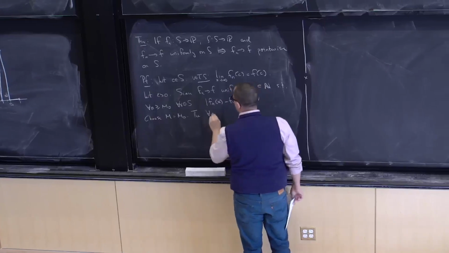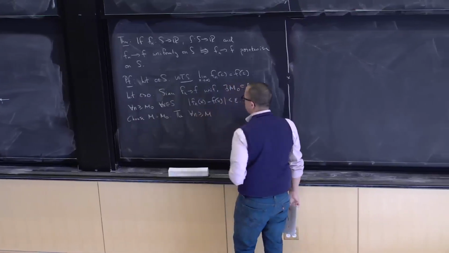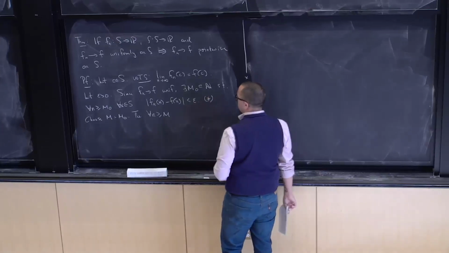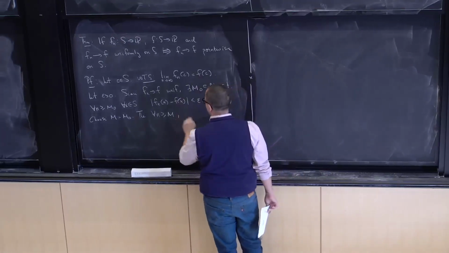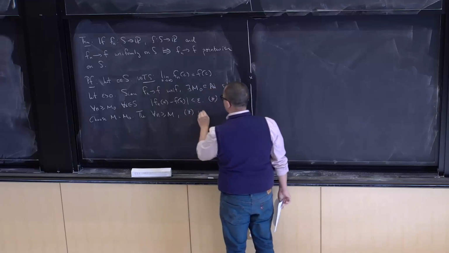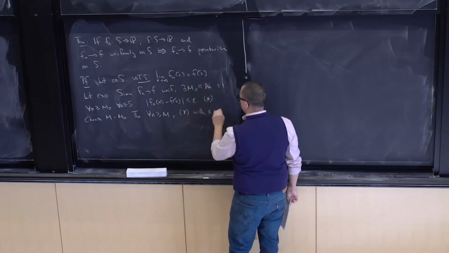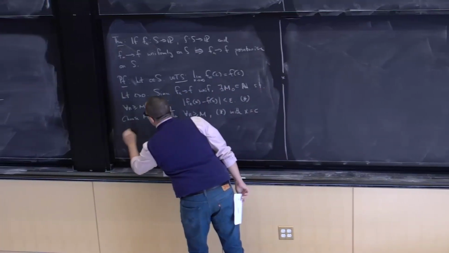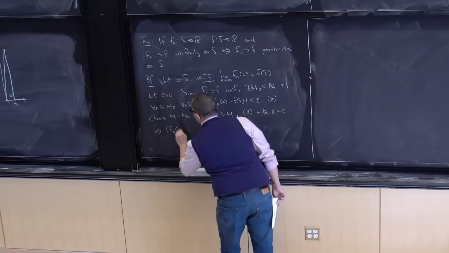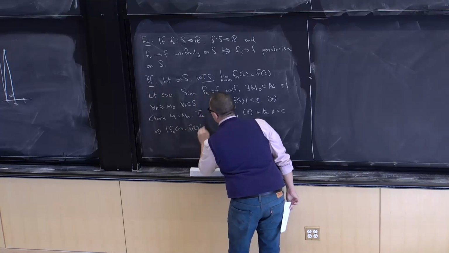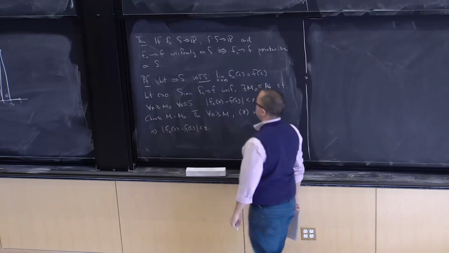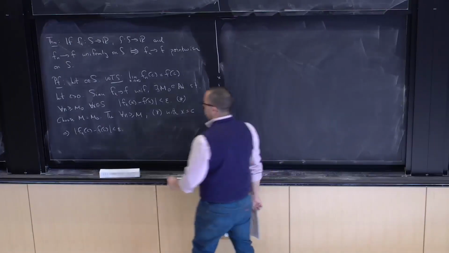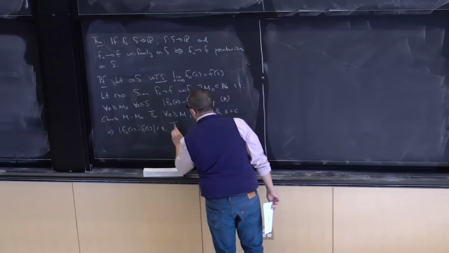Then for all n bigger than or equal to m, let's call this equation star. Star at the single point x equals c implies |fn(c) - f(c)| is less than epsilon. And thus, the limit as n goes to infinity of fn of c equals f of c.